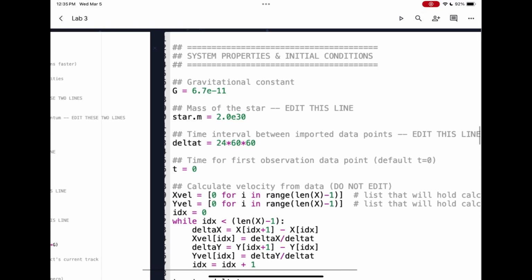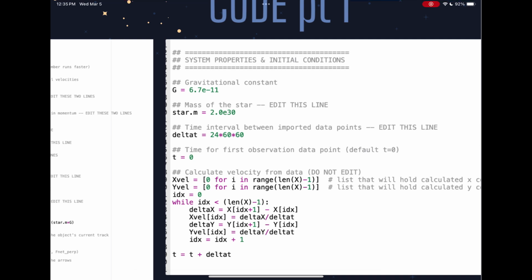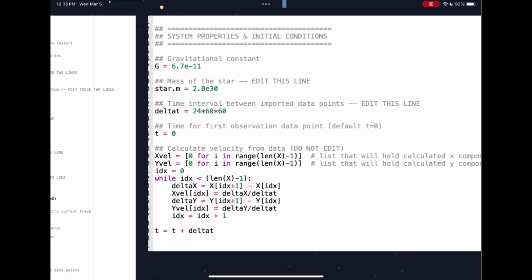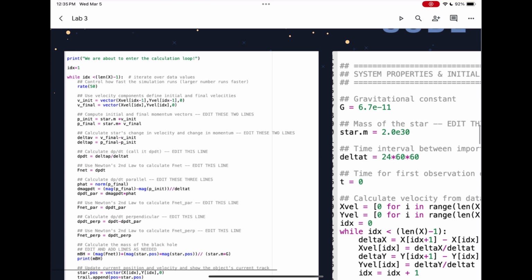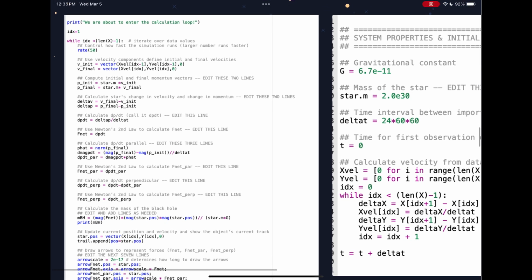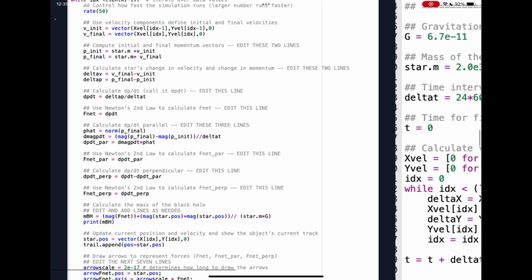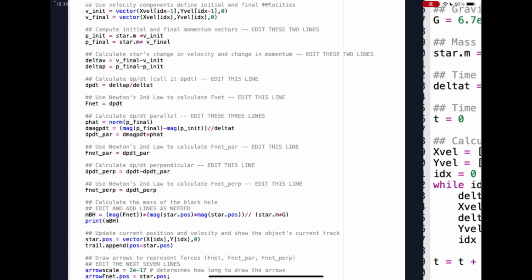So speaking of the first part of the experiment, you can see our code here. We start with the initial conditions of our star, our gravity, and our time without changing that. You can see that this is updating the x and y at every time step of plus t. Then we calculate the momentum of the experiment by using the parallel and perpendicular forces.